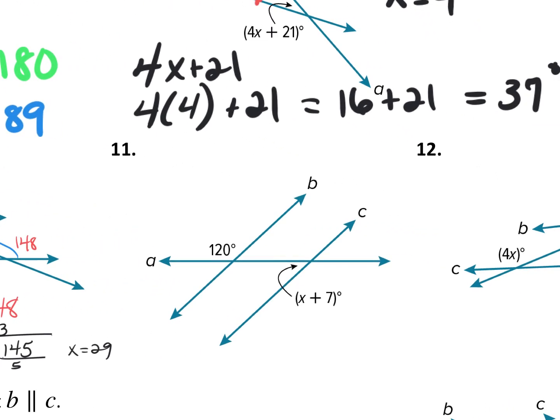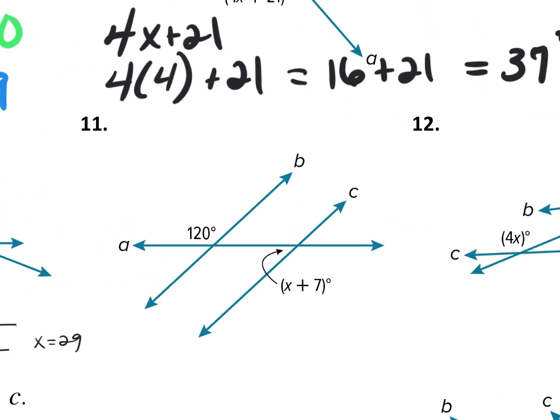Similar situation for question number 11 as well. Okay. This angle here that's indicated as x plus 7 has no relationship with the 120 degree angle listed. But I do know this angle is 60 degrees because these angles are supplementary.